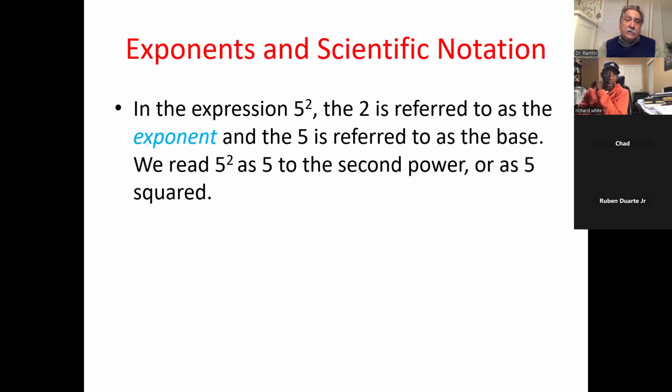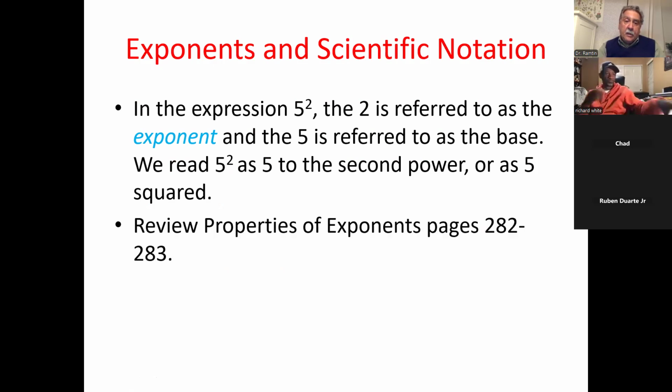Exponent notation. If you have this expression, 5 to the power of 2, 2 is referred to as the exponent, 5 is referred to as the base. It's read as 5 to the power of 2, or 5 to the second power, or 5 squared.